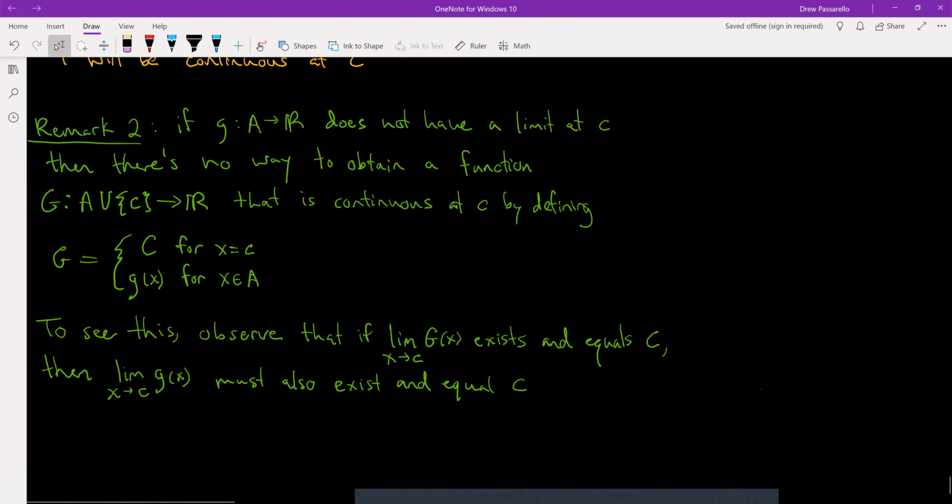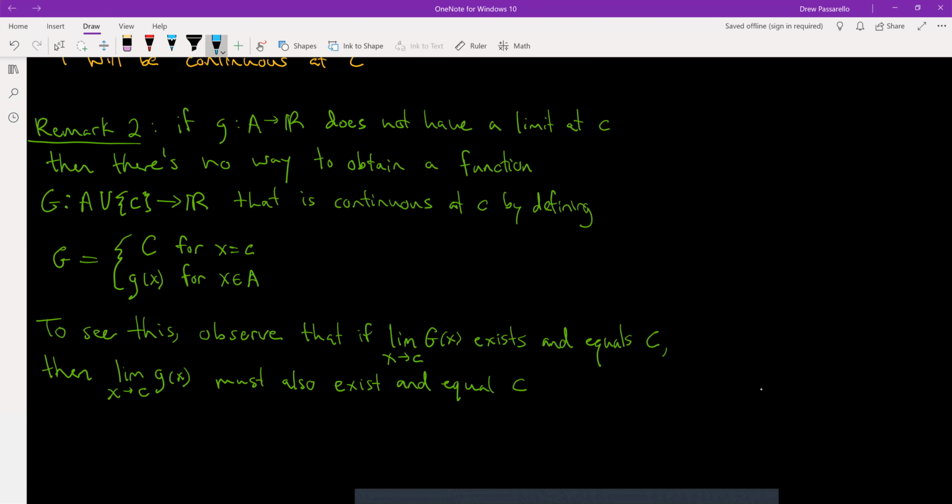So if the limit doesn't exist at that particular value c, then we can't define it in such a way to make it continuous. Because to observe, if the limit as x approaches c of capital G of x exists and equals capital C, then that would mean that the limit of little g of x as x approaches c must also exist and equal C. But we can't have that because we're saying that the limit as x approaches c of little g of x doesn't exist.